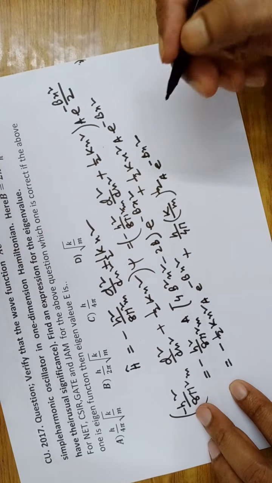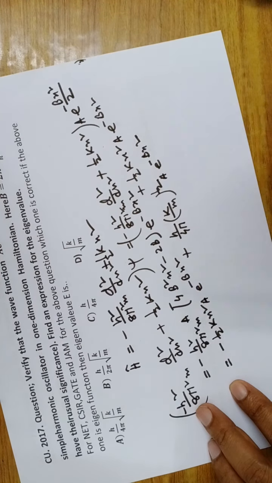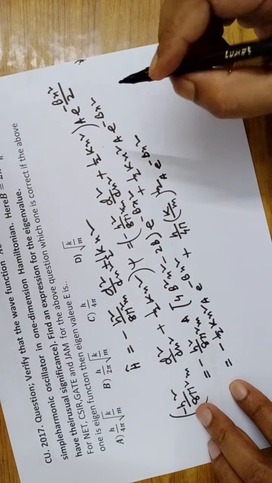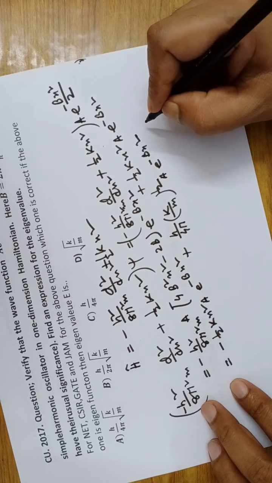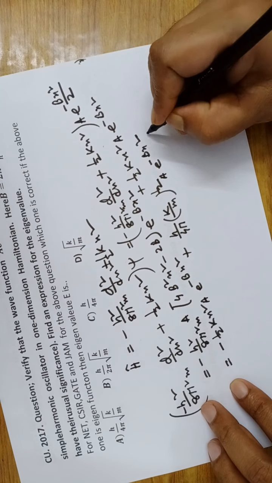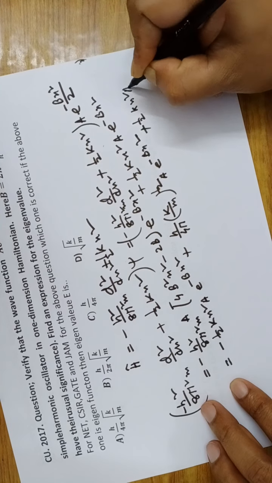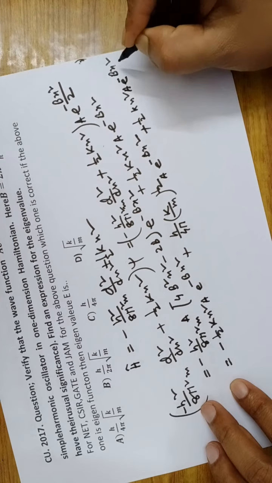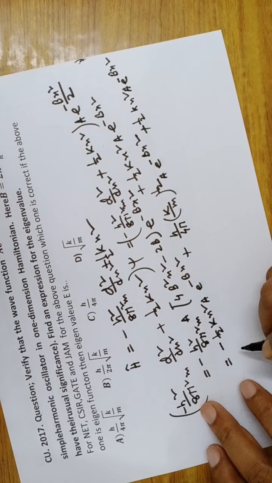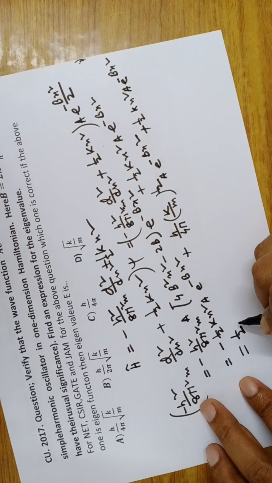Plus there is another term, this is actually multiplication: half kx square A e to the power minus b x square.